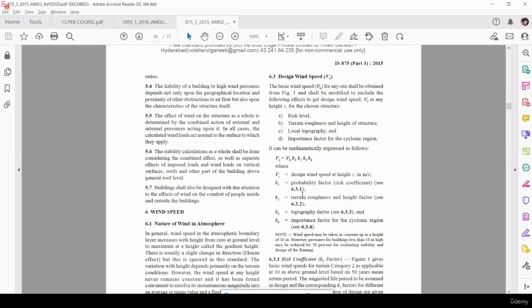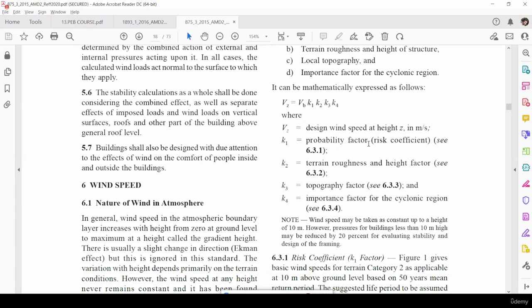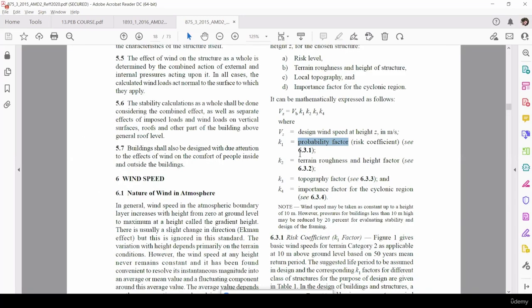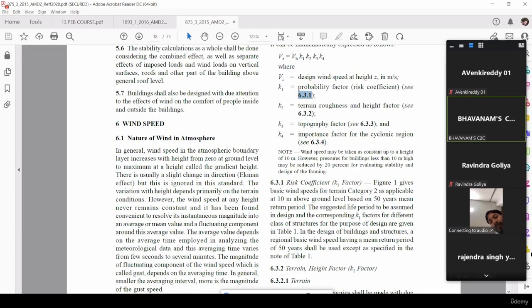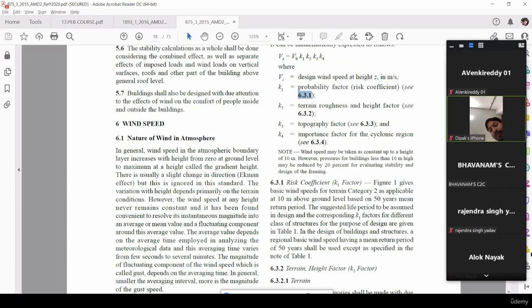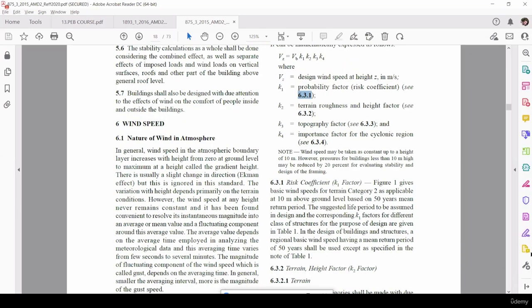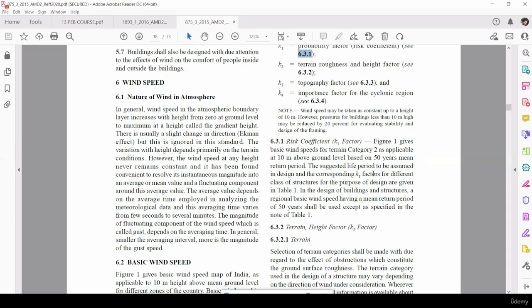What are those factors? K1 is the probability factor or risk coefficient. To calculate the probability factor or risk coefficient, we have to go to clause 6.3.1.